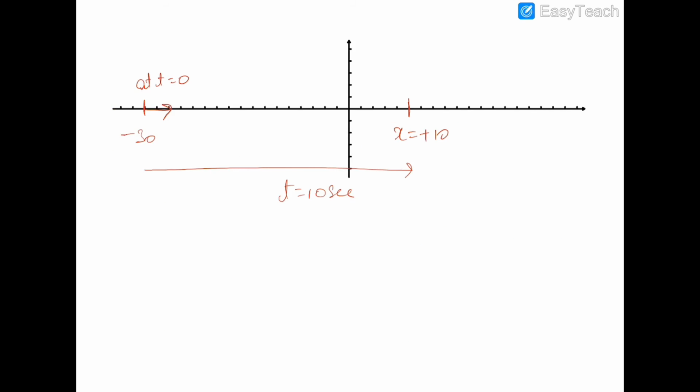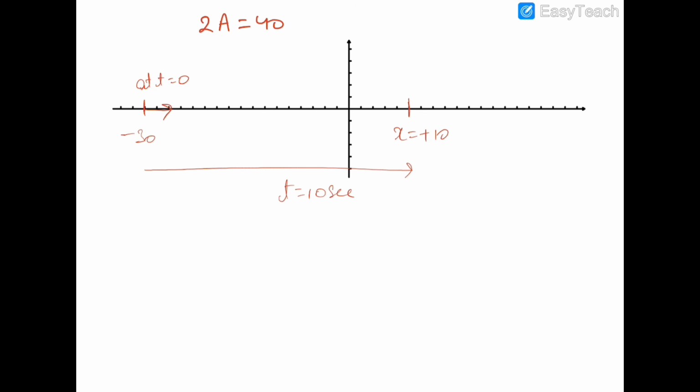Now we move on to the next question, and in this question you can see that it is given that the time taken by the particle to move from minus 30 to 10 is 10 seconds, and these are the two extreme positions of the particle. So again we see that 2a will be equal to 40, because the distance between minus 30 and 10 is 40.